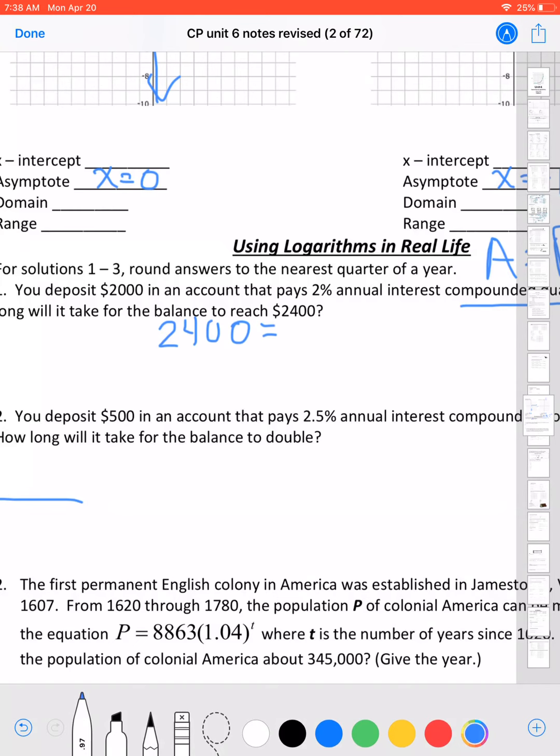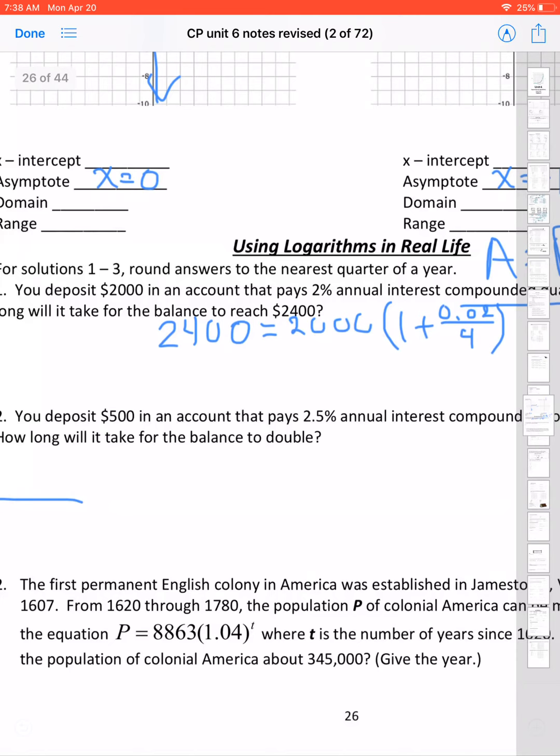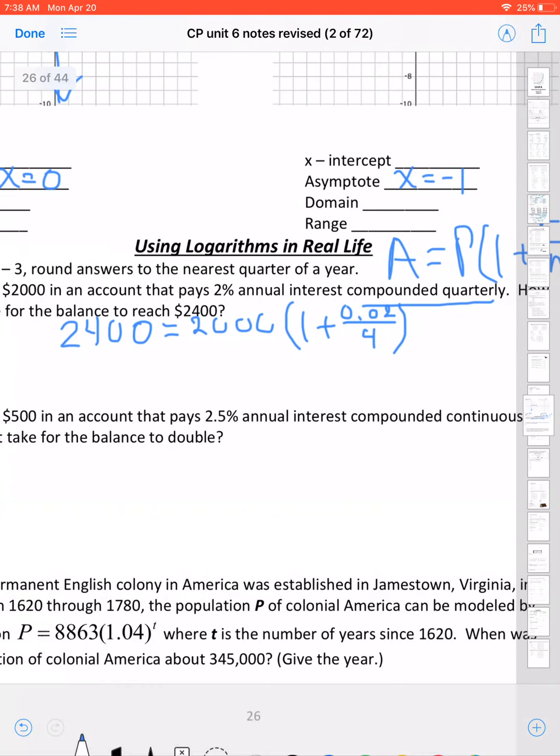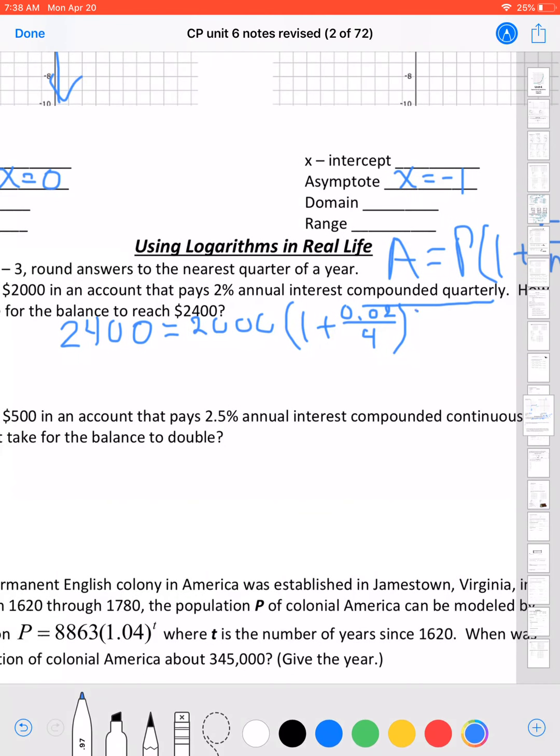We deposit $2,000 into the account. 1 plus 0.02 over compounded quarterly, 4 quarters. And then 4, because it's compounded quarterly, times time. And we're asked to solve for time.